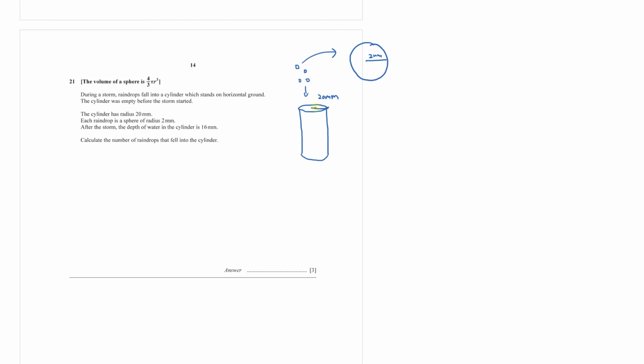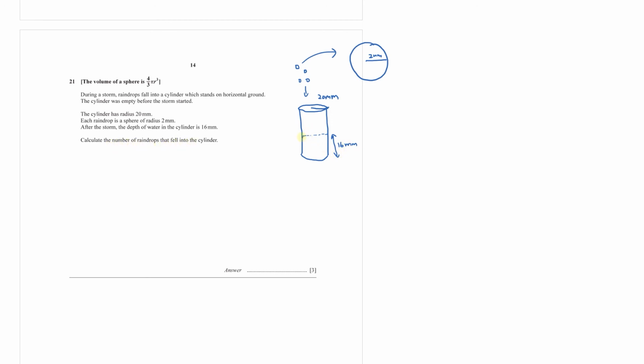All the raindrops are coming in here, and after the storm, the depth of water in the cylinder is 16 millimeters. So the water, let's say, is up till this level. So this is 16 millimeters. Calculate the number of raindrops that fell into the cylinder.